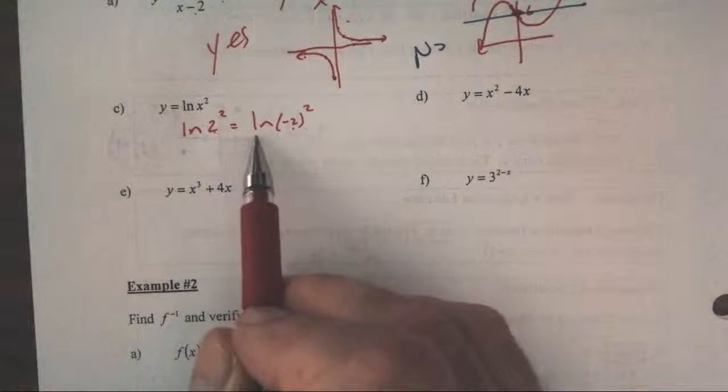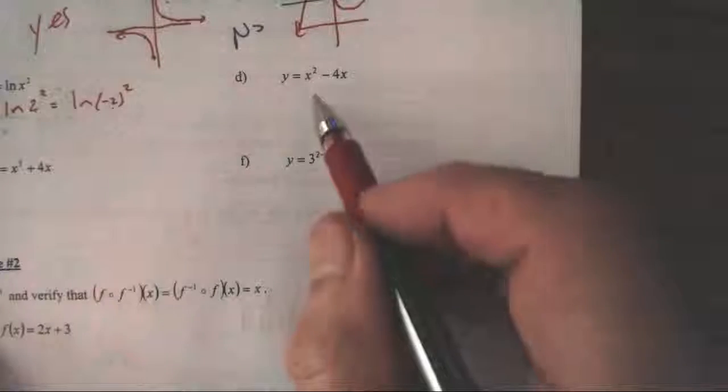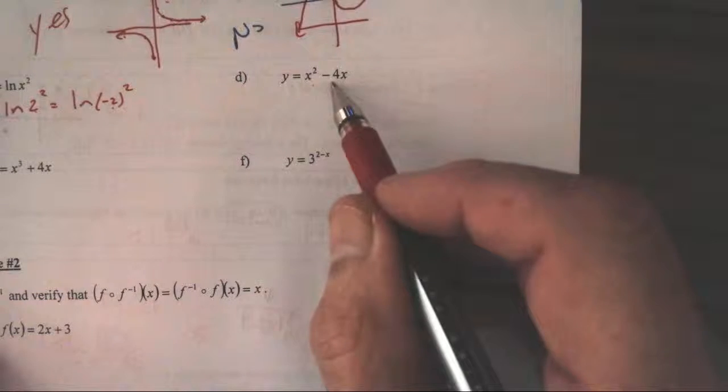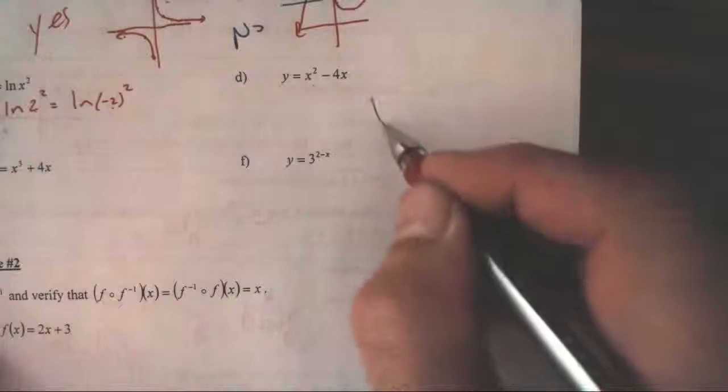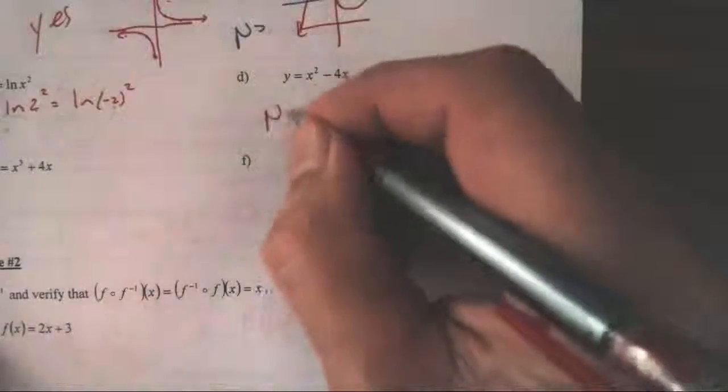They're going to end up both being ln 4. So it's not 1-to-1. This graph, in its most basic form, is a parabola. Next, we know it opens upward. I don't even care where it's located right now. It's not going to pass horizontal line test.